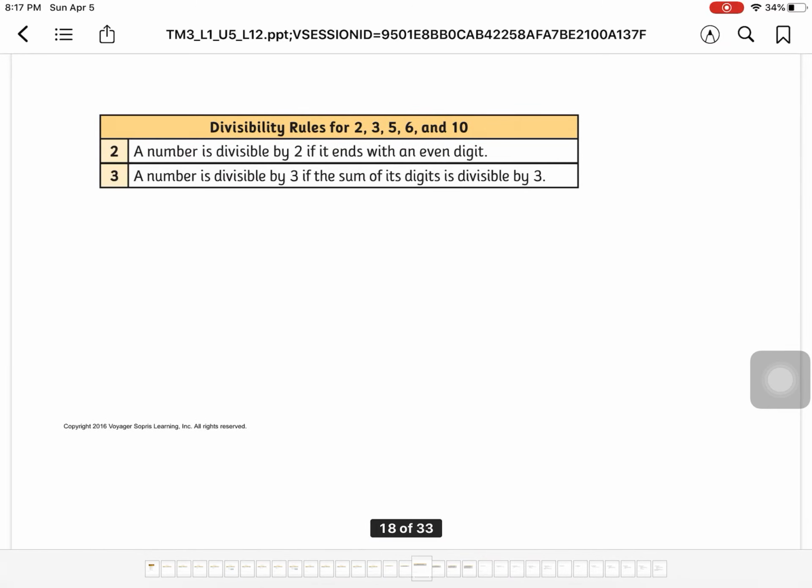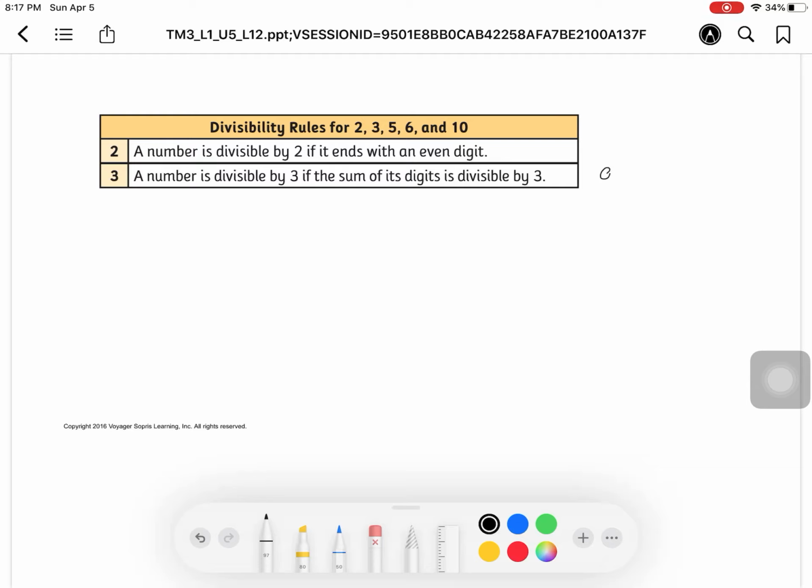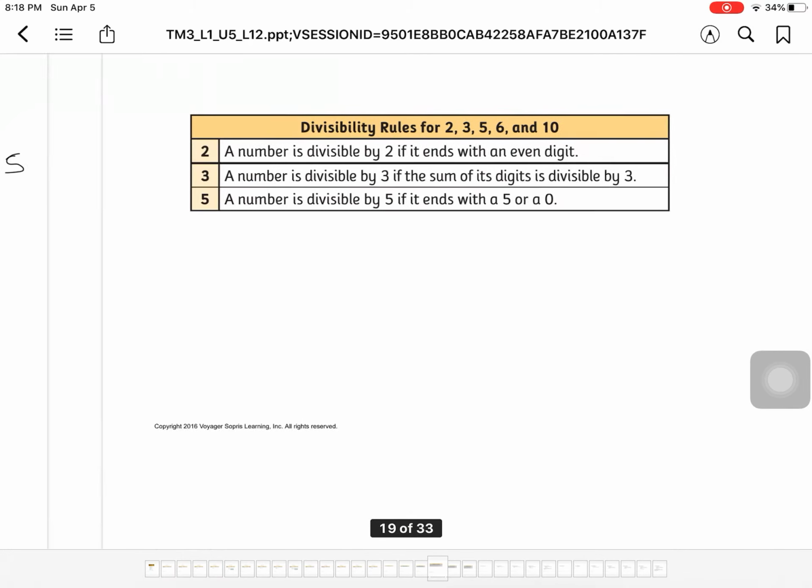A number is divisible by 3 if the sum of its digits is divisible by 3. So again, like we just showed, 9 plus 6, we added those together, we got 15. So the number 96 was divisible by 3 because 15 was divisible by 3. That gave me 5. So that one worked, okay?